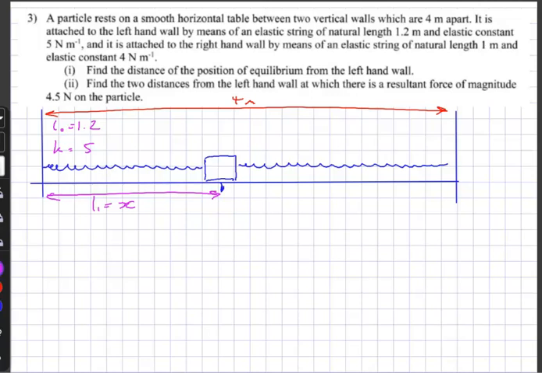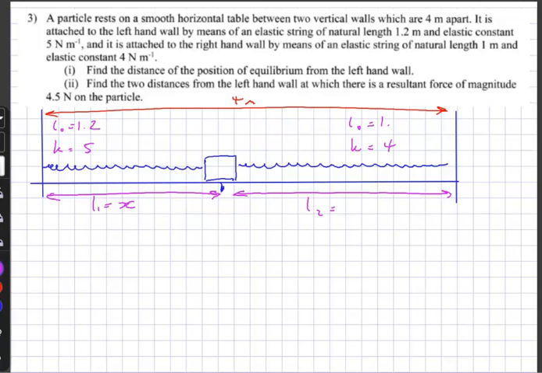Now, we've got the right hand wall. It has a natural length of 1 meter and it has an elastic constant of 4. So it's not quite as strong, so it's easier to extend. And so that distance there, L2, we're going to refer to L1 and L2 in relation to each other.